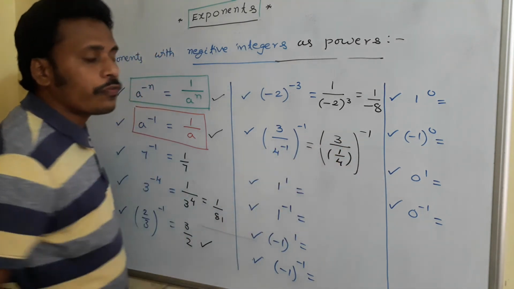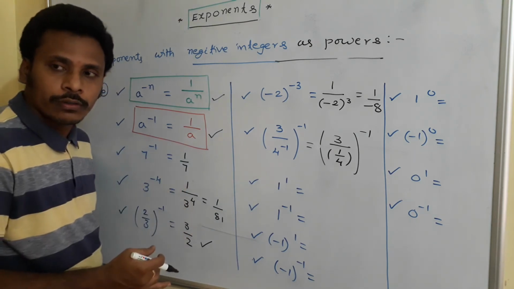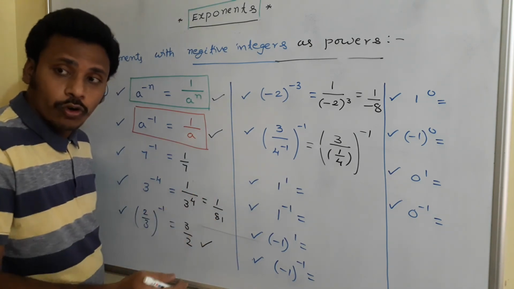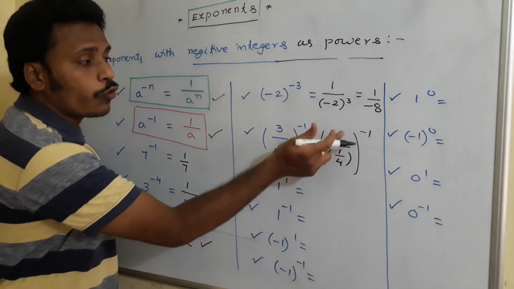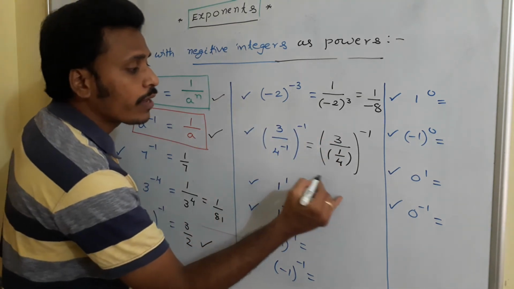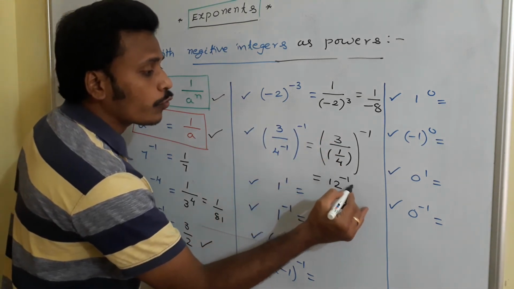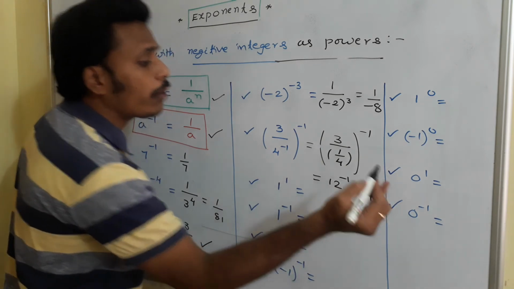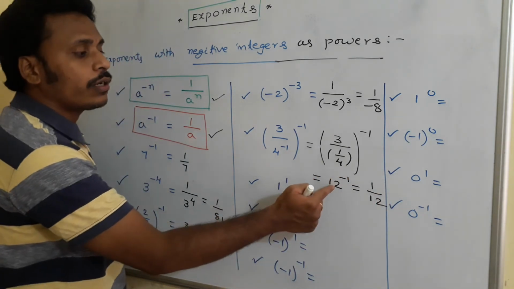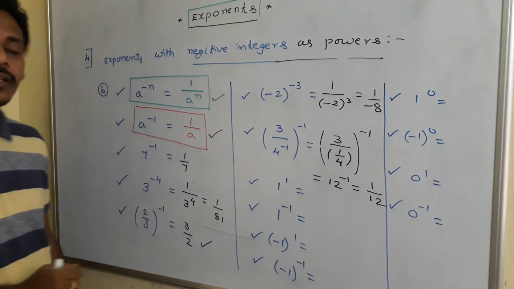So what is the value of 3 by 1 by 4? You send this 4 here and then it is 12 and your answer is 12 power minus 1. 12 power minus 1 is again 1 by 12. Because power is minus 1, just write reciprocal of the base as your answer.